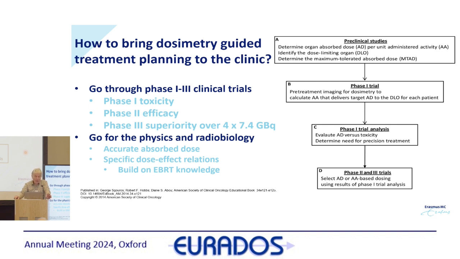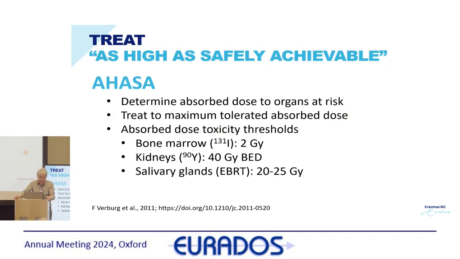So first of all, be sure that we have an accurate absorbed dose, so the 18 plus or minus 12 gray should really be improved. And also have a better idea on the specific dose-effect relations to expect for these therapies. And up to now, we are building on knowledge from external beam radiotherapy to really come up with some dose-effect curves.